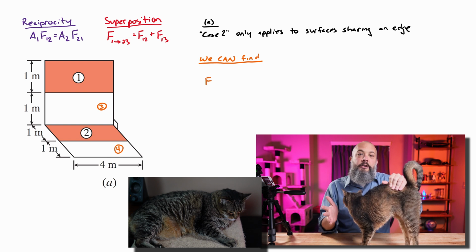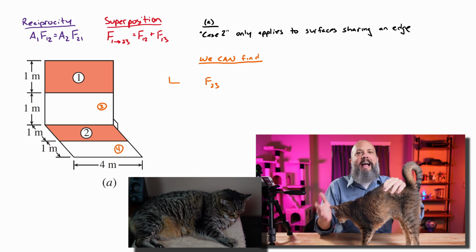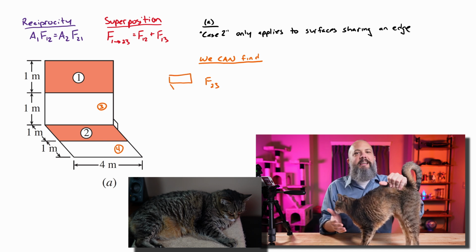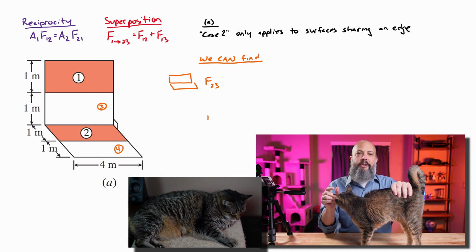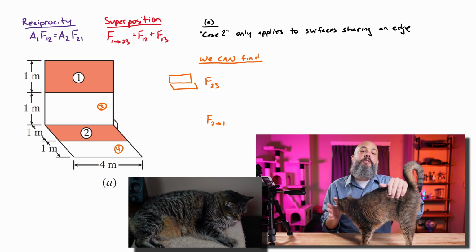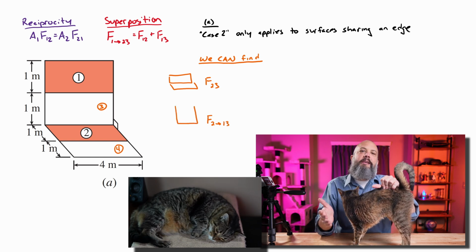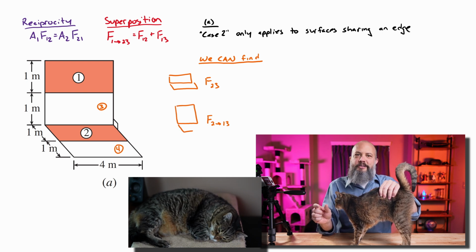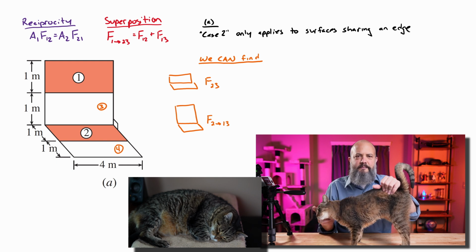So I could find F2,3, the 2 small, like half surfaces that are touching each other. I could also find F2,4 to 1,3, right? The big horizontal surface and the big vertical surface. Or I could find F2 to 1,3, which is the small horizontal surface to the tall vertical surface.